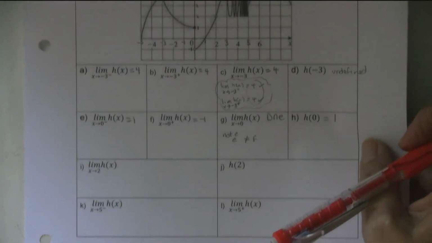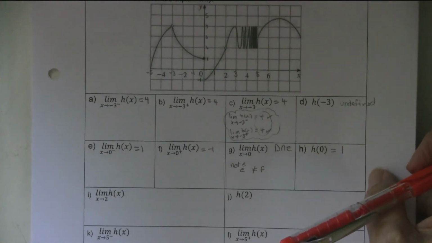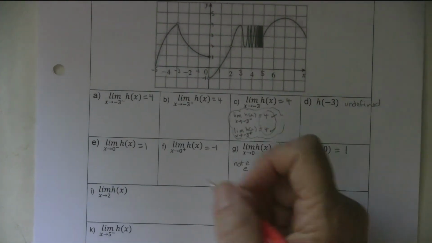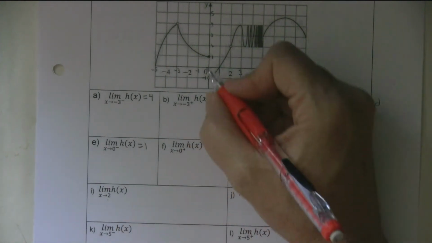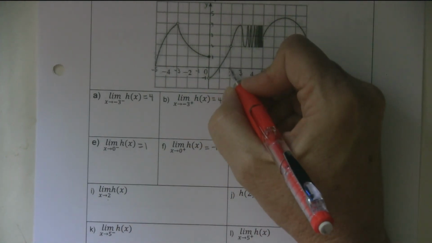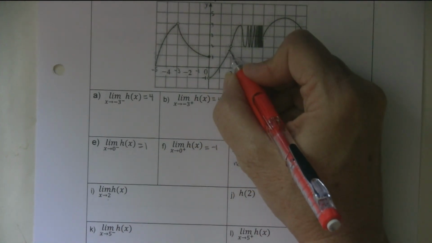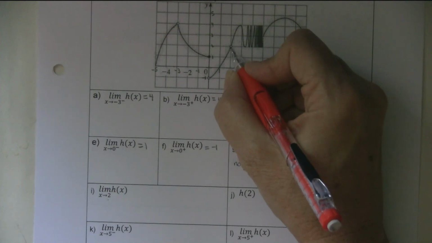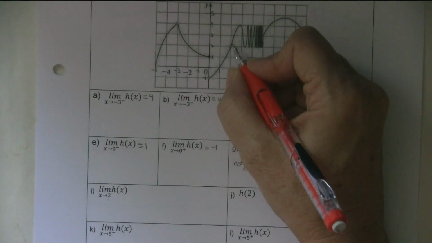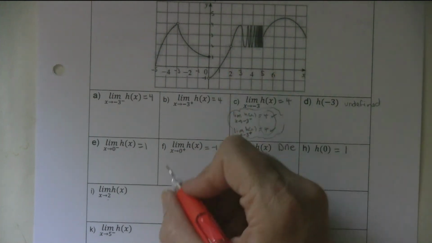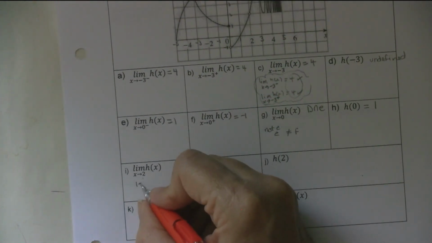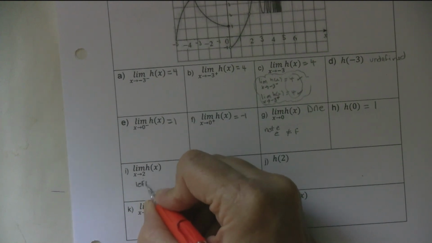So now we're looking at 2. And it says both sides. So I notice that as I come from smaller than 2 and work up, from the smaller side it's approaching 2, and from the bigger side it's approaching 2. So from the left, it's going to 2, right?